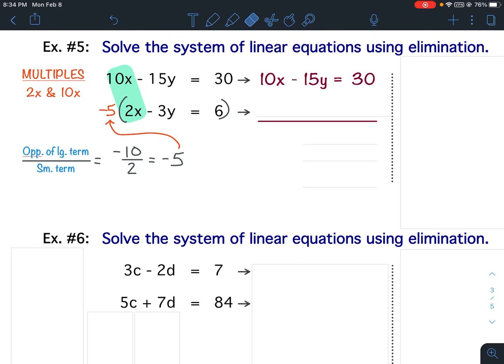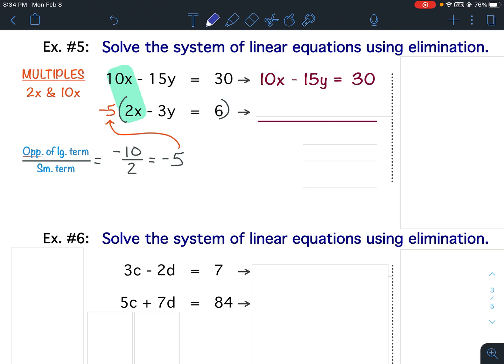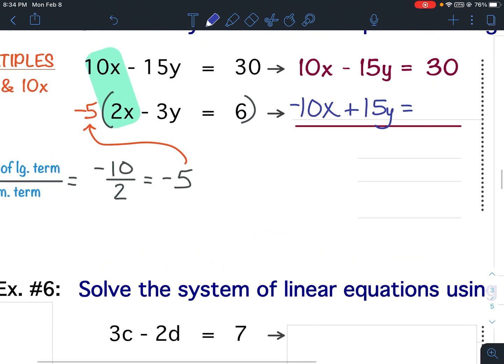That means the top equation will stay the same, and the bottom equation will become negative 5 times 2x, negative 10x. Negative 5 times negative 3, two negatives will become positive 15y. And negative 5 times 6 is negative 30.